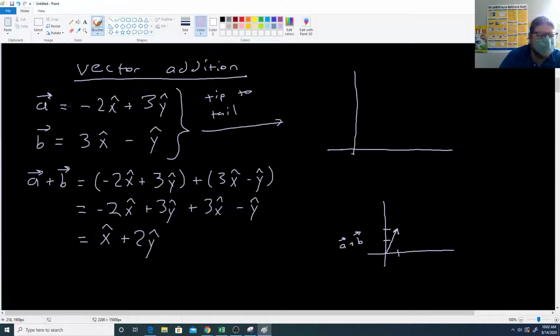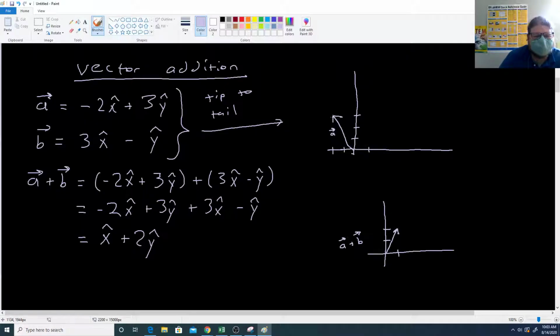We draw the vector A first, so this would be 2 units to the left and up 3 units. So it's 2 units to the left, and it's up 1, 2, 3 units. That is our vector A. And then from the tip of A, we're going to draw vector B. So vector B goes 3 units to the right.